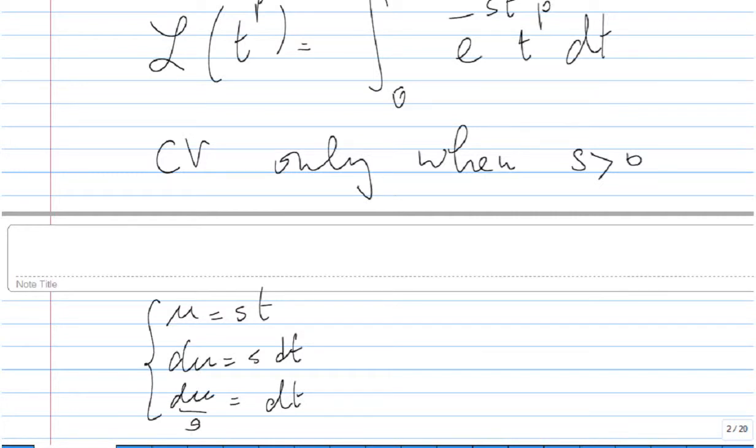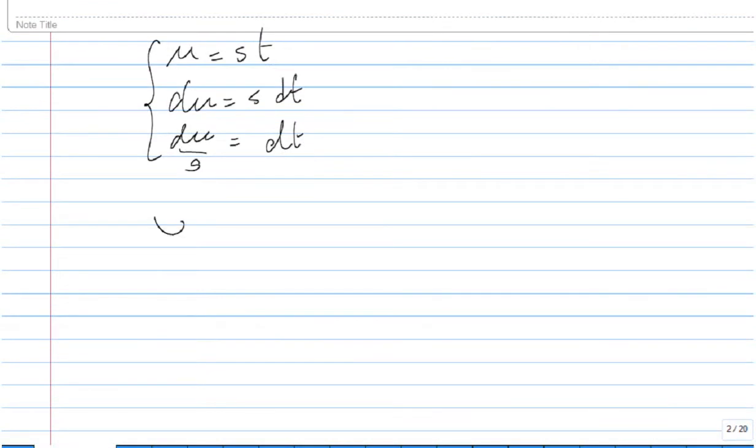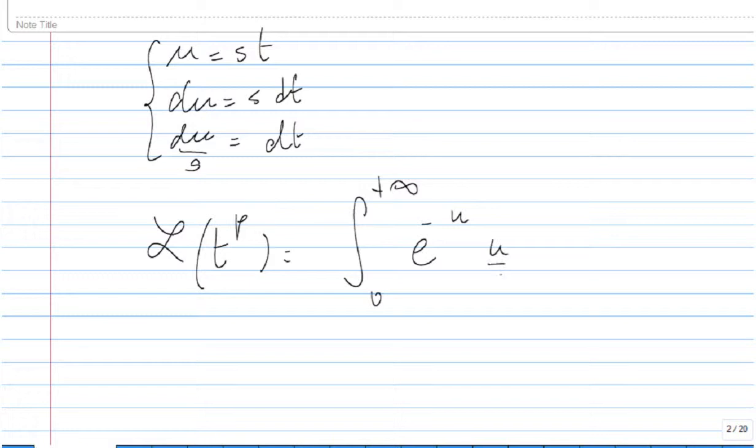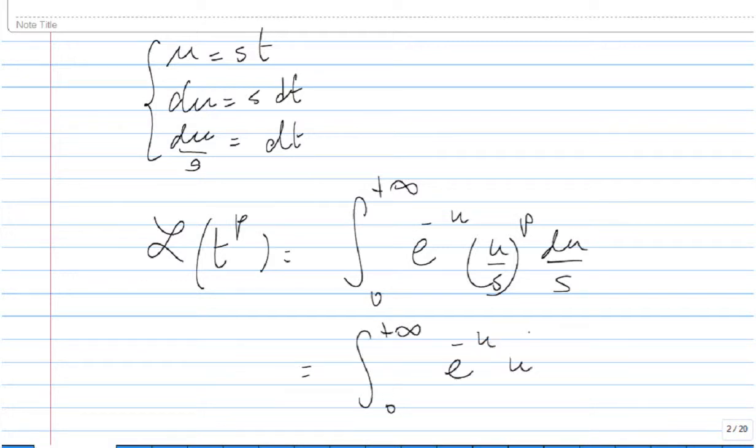So the integral becomes Laplace of t to the power p is the integral from 0 to plus infinity of e to the minus u, u over s to the power p, du over s. And that's the integral from 0 to plus infinity of e to the minus u, u to the power p, du over s to the power p plus 1.